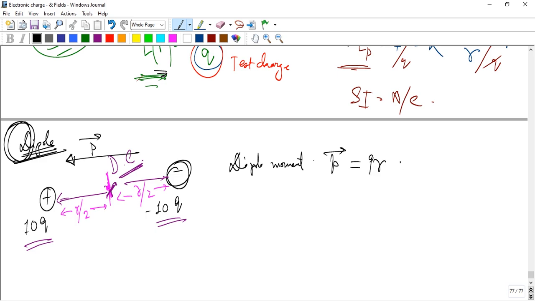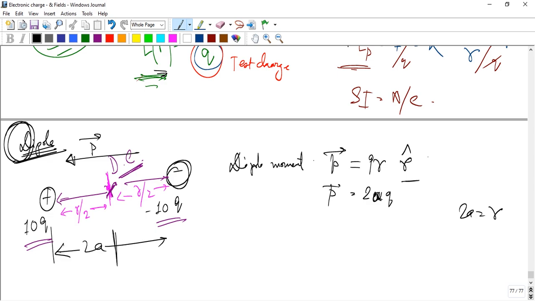Some books, such as the NCERT book, refer to it as P equal to 2aQ, where 2a is also equal to r. The NCERT book refers to the distance as 2a, and the midpoint of that distance is the dipole center, with a on either side.